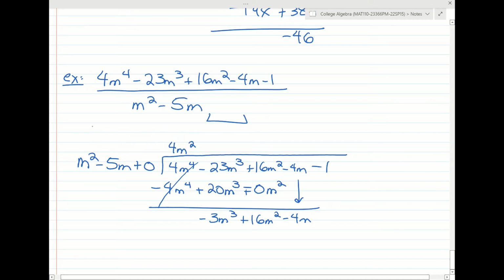So let's keep this going. M squared times what is negative 3m to the third? The answer is negative 3m, and then we're just going to multiply that times everything.